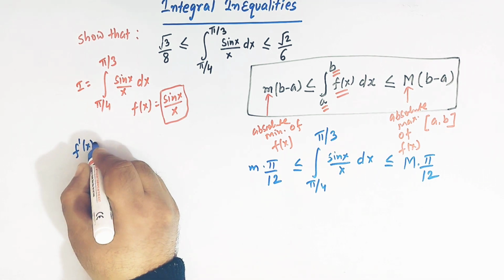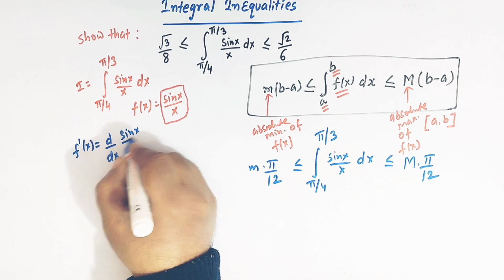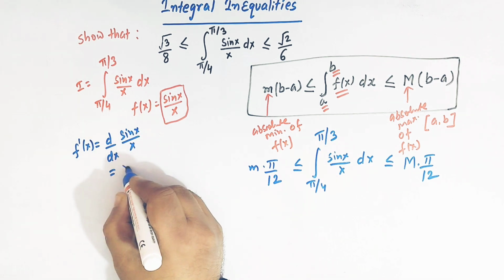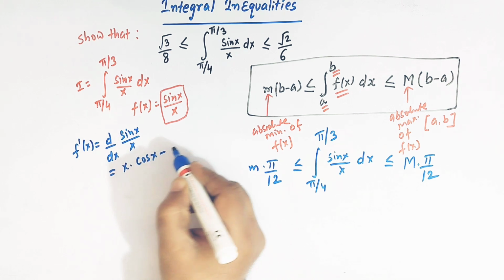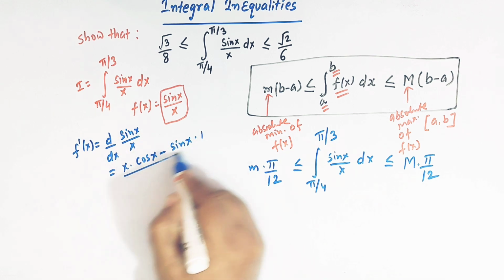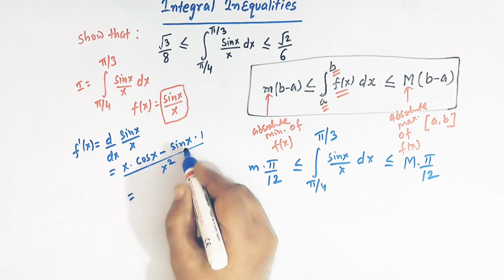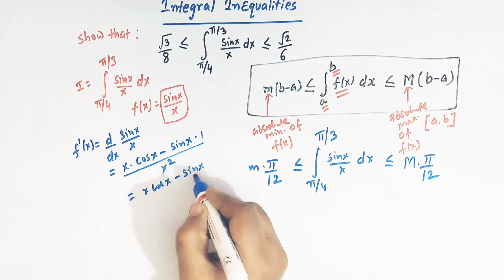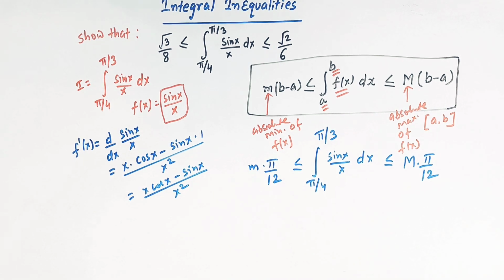So f prime of x is the derivative of sine x over x, and here I will make use of the quotient rule. So we have x times the derivative of sine x, which is cos x, minus sine x times the derivative of x, which is 1, divided by x square, right? So we have x cos x minus sine x divided by x square.